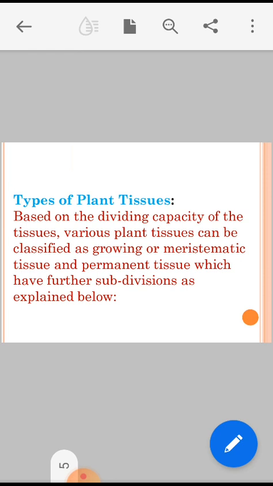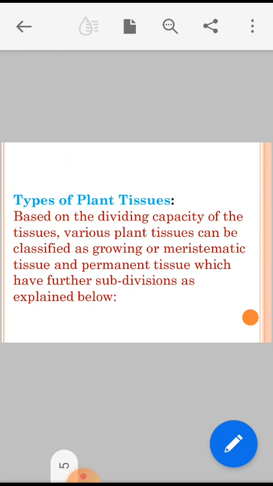Likewise, for these tissues also there are certain functions that they need to perform. So depending upon the dividing capacity of the tissues, plant tissues can be classified as growing or meristematic tissues. Why are they termed growing tissues? Because they help the plant to grow. And the other type of tissues are permanent tissues.